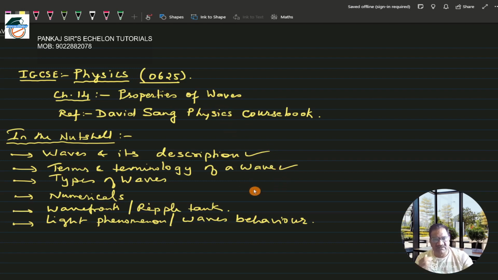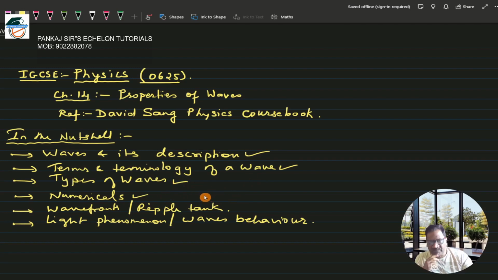Today I am going to discuss numericals on the terms and terminology of the wave that we have studied. There are certain numericals and certain problems based on that. I am going to discuss those today, and thereafter I'll go to the types of waves.